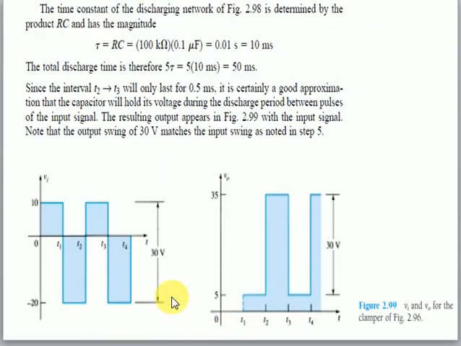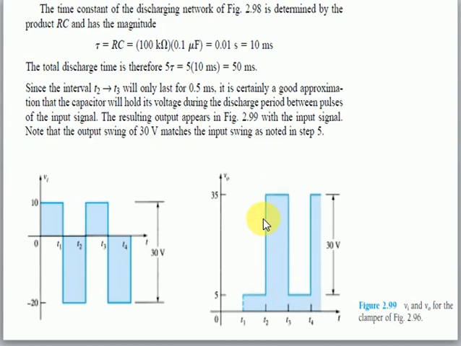So here is the output waveform. During the negative cycle, when the diode was forward biased, we get the value of 5 volt, and during the positive cycle we get the value of 35 volt.